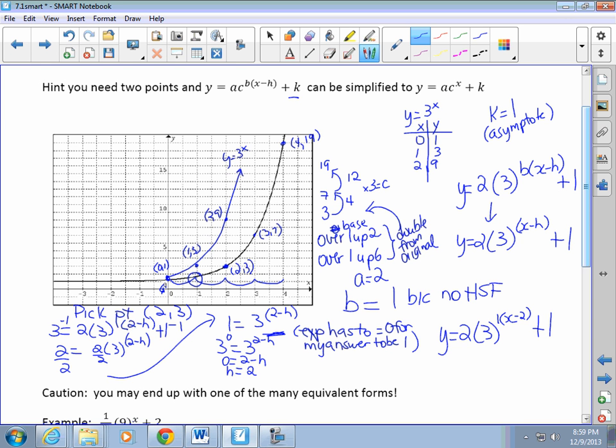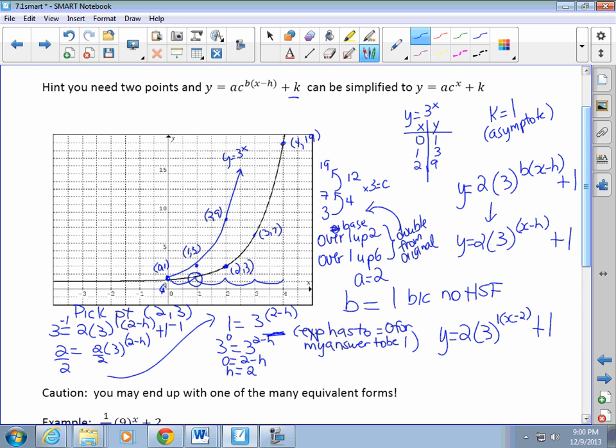Okay, so when you're doing these, you could do the stretch factor first if you wanted. Pick points that are exactly on both the x and y. Start at 1, or depending on where you can see the asymptote. This one had an asymptote at 1, so I'm not going to start at x is equal to 1.